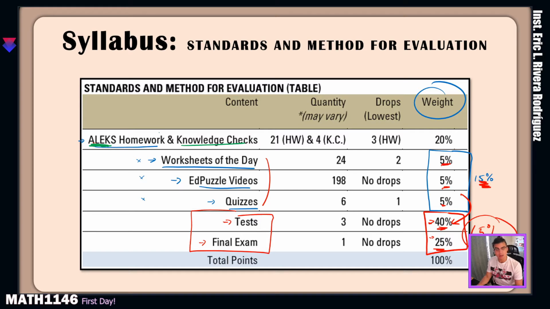And the same thing happens with the homeworks. If a student finds the answers on the internet and those answers are correct, ALEKS is going to think that the student is ready for more advanced topics.